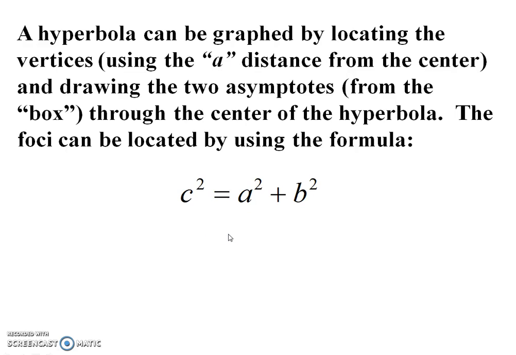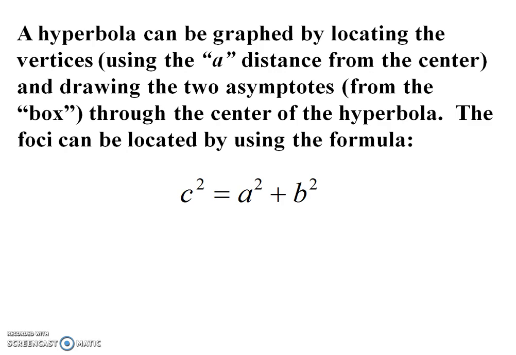Okay, so the one equation that you need to memorize for hyperbolas is this: c squared equals a squared plus b squared. When it was an ellipse, it was c squared equals a squared minus b squared, and a represented the distance that was the longer, it was the larger number, wasn't it?